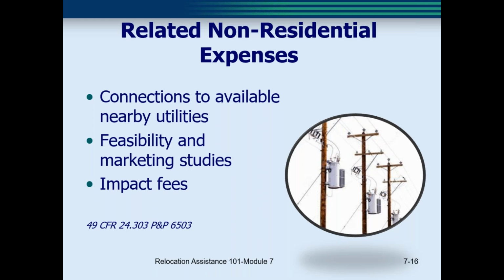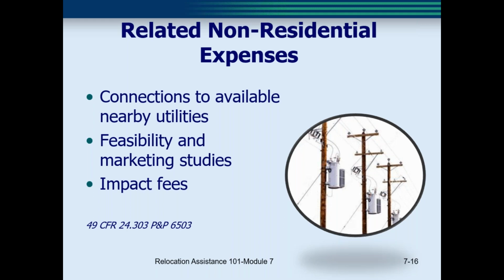So there's also what we call related non-residential expenses. The expenses included in this category used to be reimbursed as reestablishment expenses, and so they were under that cap and subject to that $25,000.